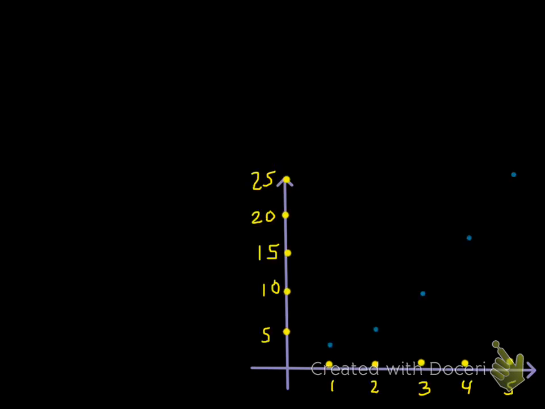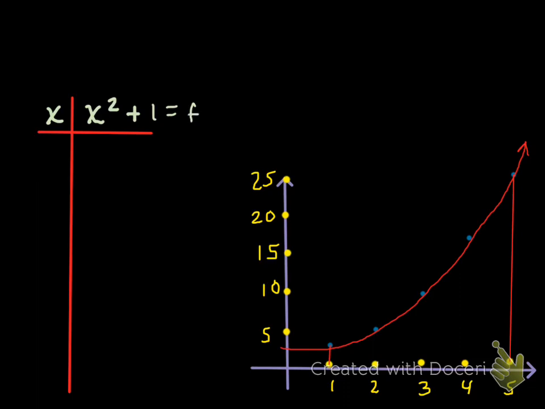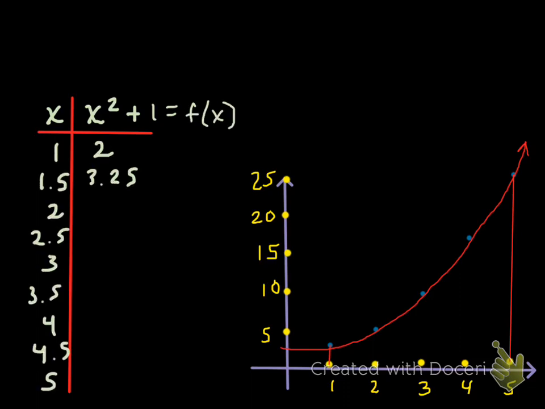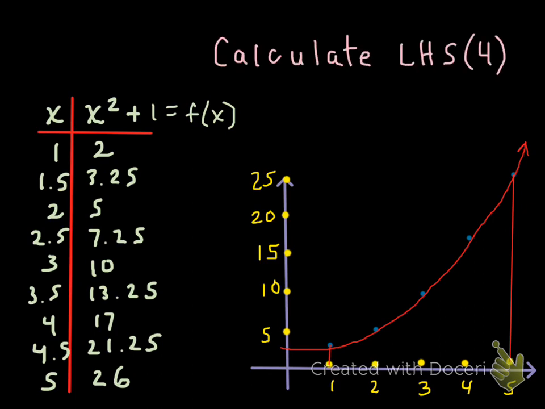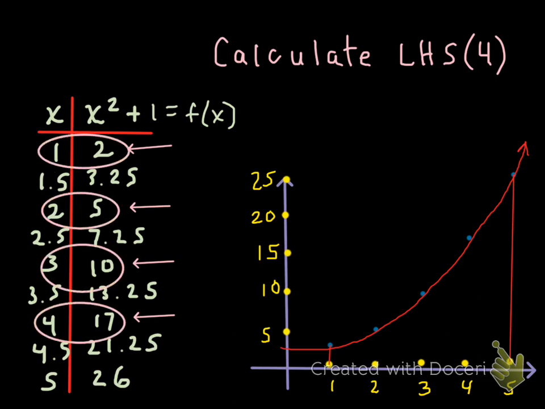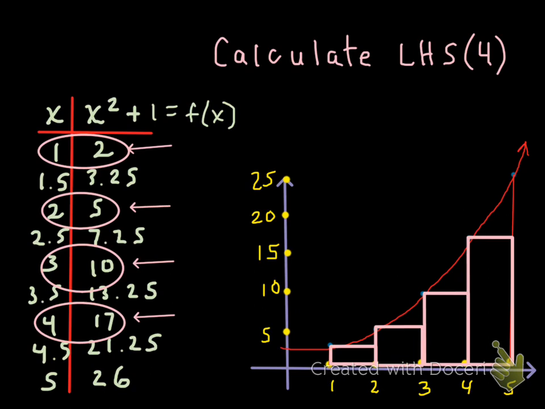Progression number 2. We've got the same graph, we've got the same table. This time we are going to do a left-hand sum with 4 intervals. These are the 4 ordered pairs we're going to use so that you can then see the height of each of these 4 rectangles. Up to the curve, directly right, up to the curve, directly right, and so on, gives me these 4 rectangles.